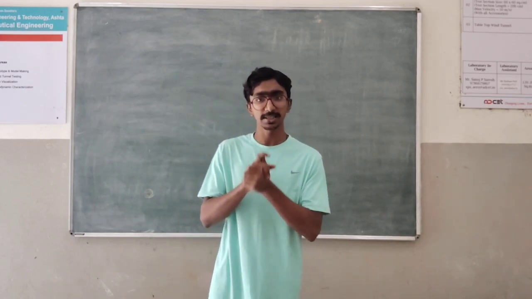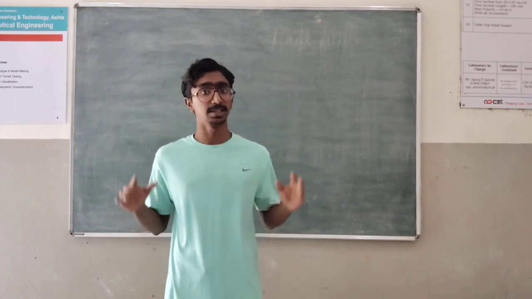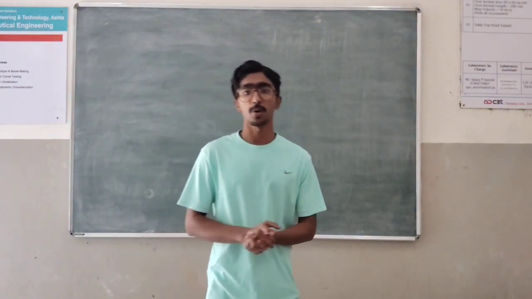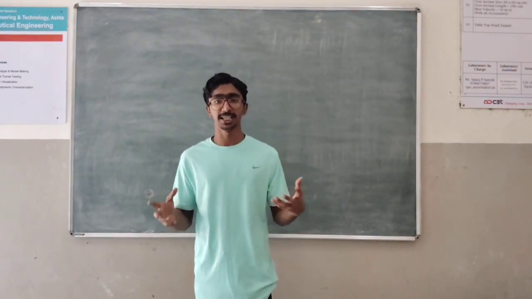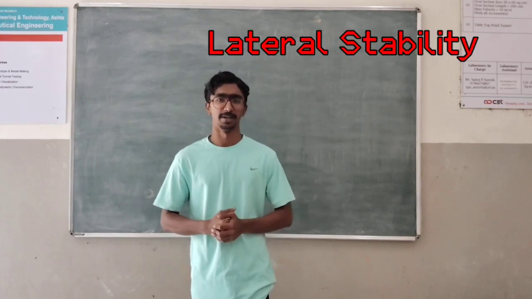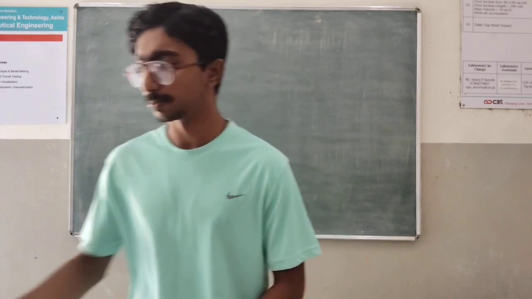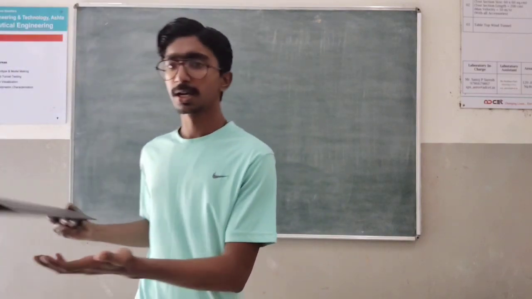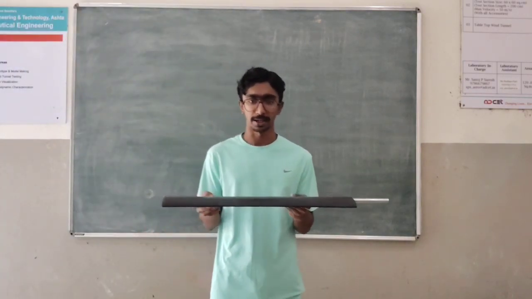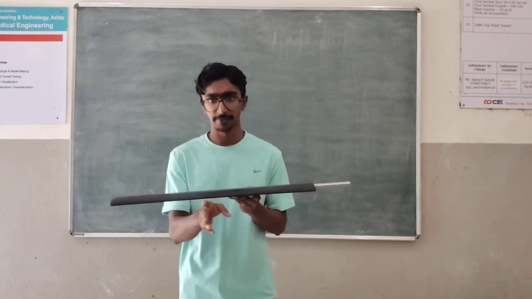Now this concludes our first type, that is the longitudinal stability. Now the second concept that we are going to see is lateral stability. Let me show you with an example. Consider the front view of the aircraft, and this is the fuselage.